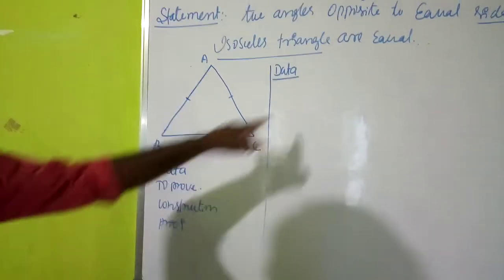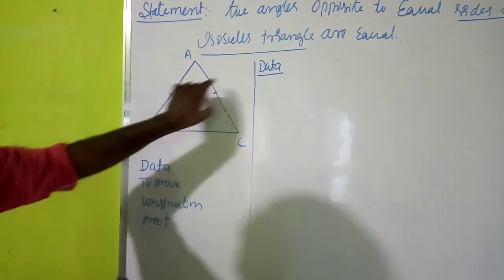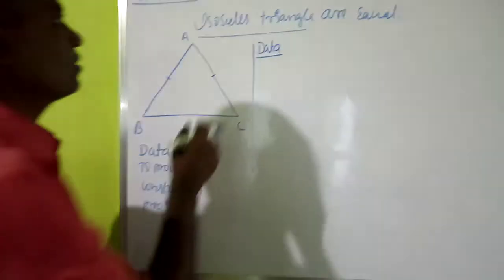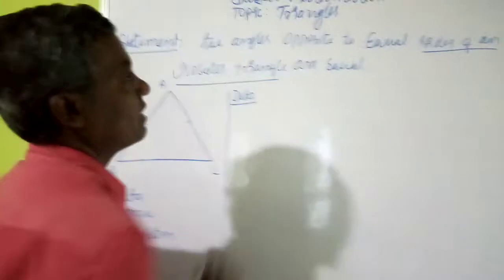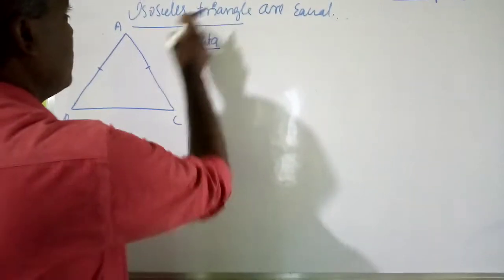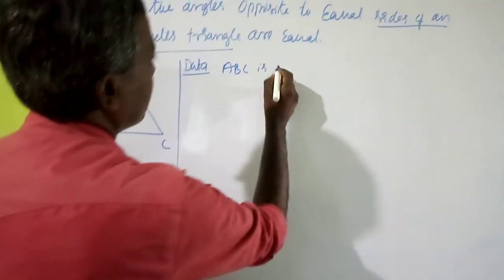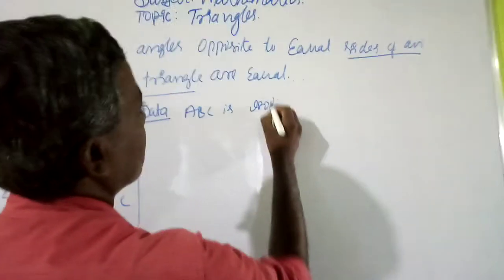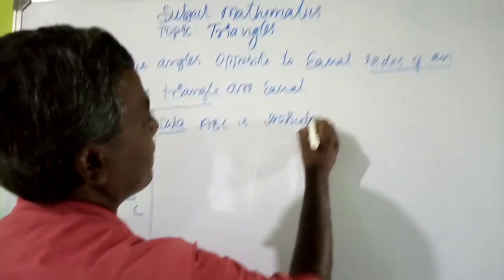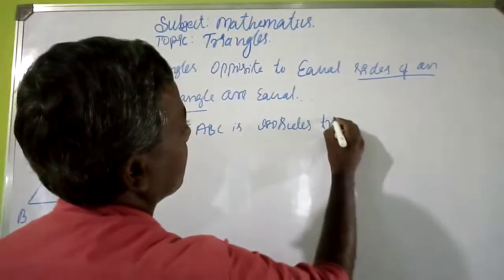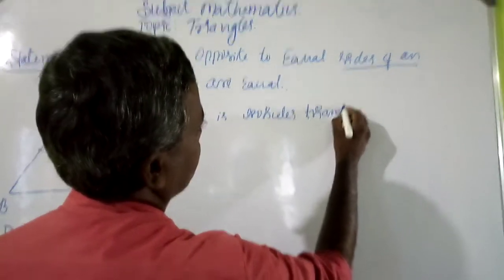Let us study the first one, step 1, that is data. Data means what is given in the statement. I already told you: ABC is an isosceles triangle. Yes, this is given in the statement.